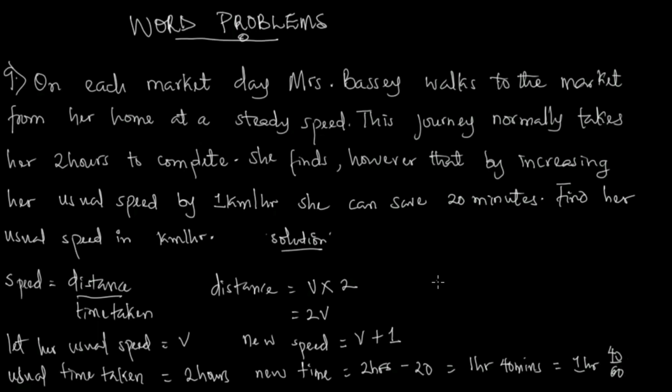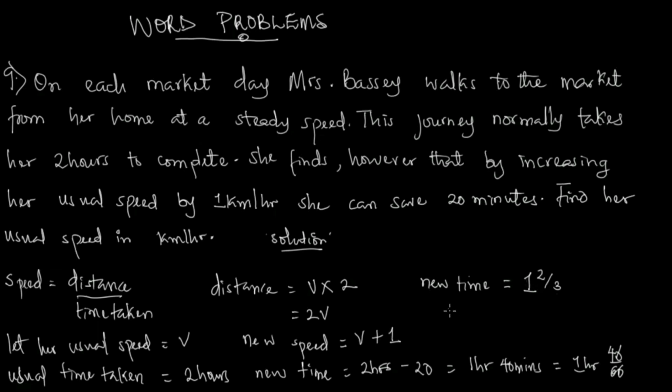Let me write it up here. New time is equal to 1 hour and, with 0 cancelling 0, we're left with 2 over 3. So that is the new time.